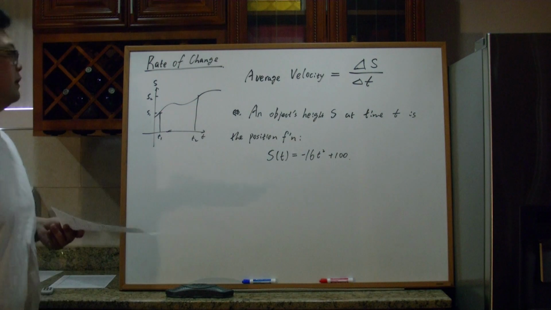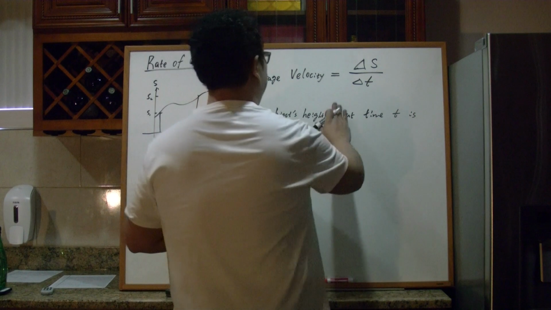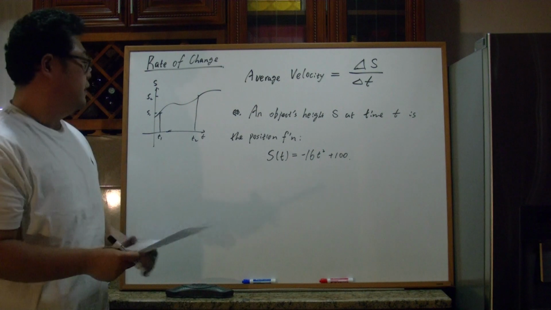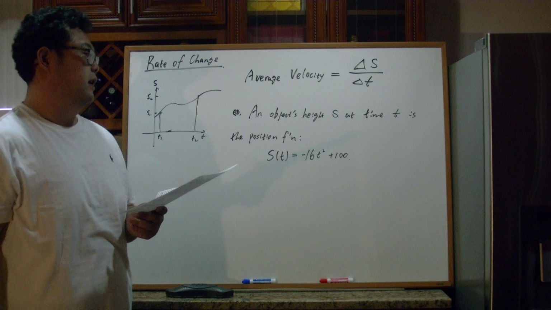An object's height s and time t: the position function is s(t) equals negative 16t squared plus 100.